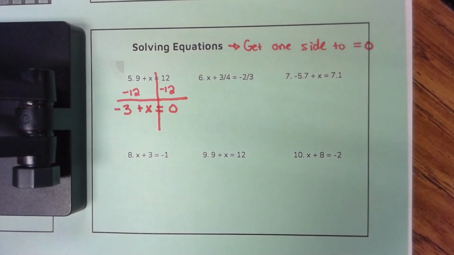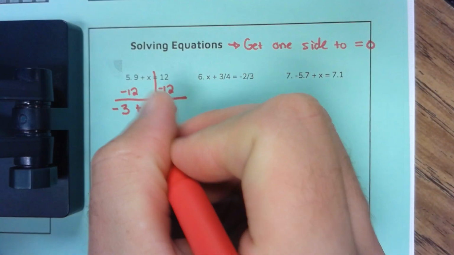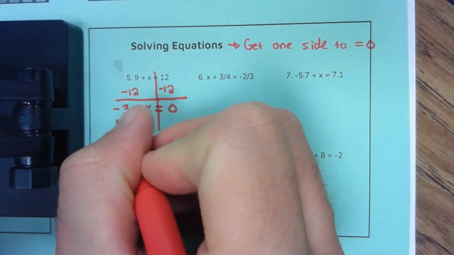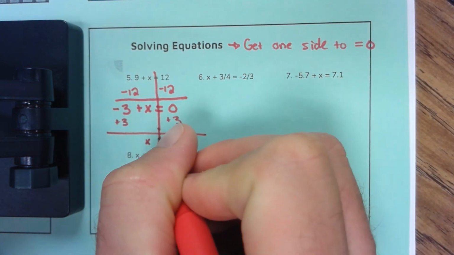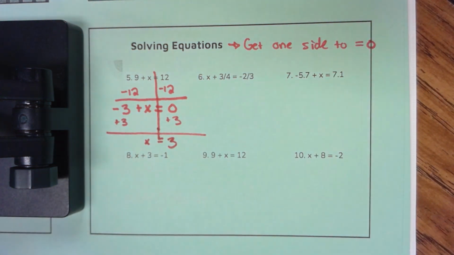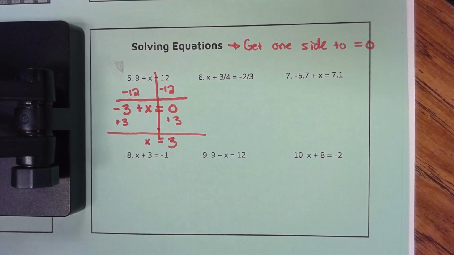Negative 3 plus what is 0? That would be 3, which we would eventually get to by just adding 3. So we're always going to work to get the right side to be 0, and then we can use that same property we used in the opener.